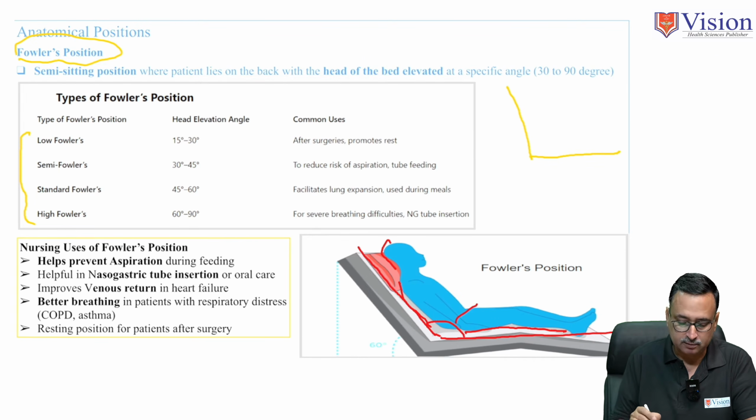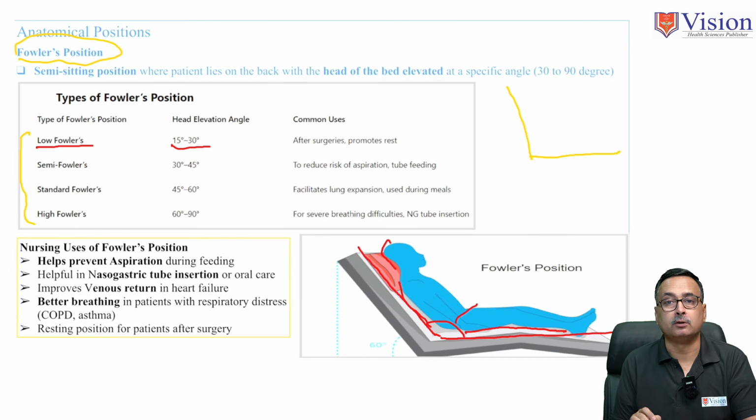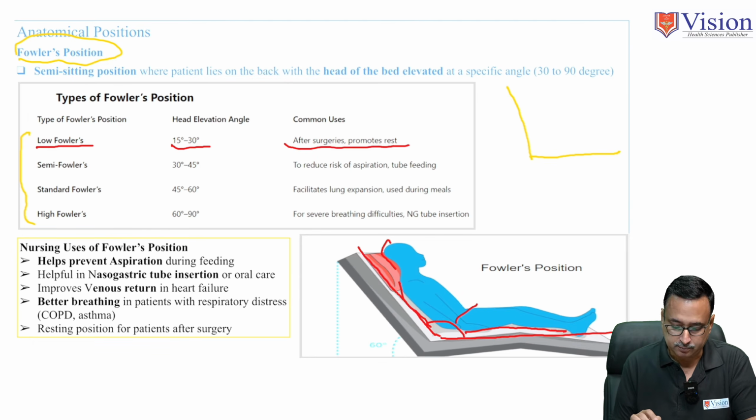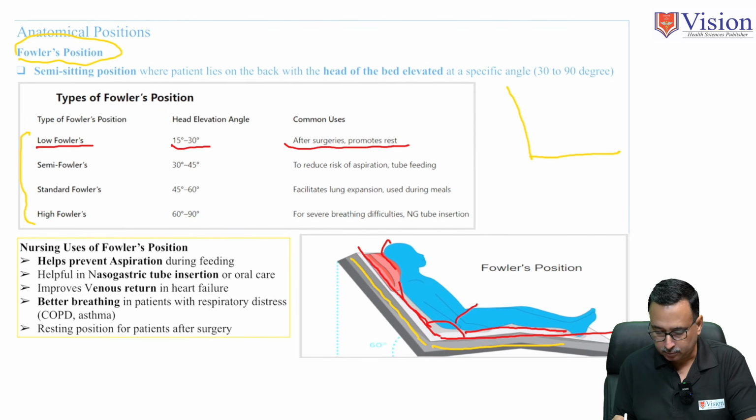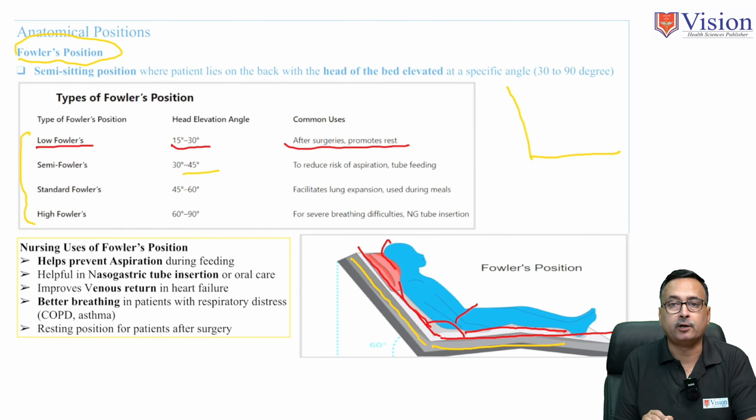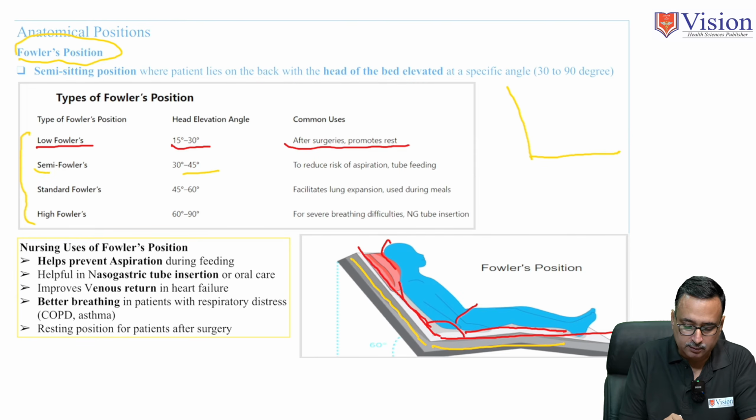If this angle is up to 30 degrees, then it is called low Fowler position. It is indicated for post-operative recovery of the patient. If the angle formed between the back and the horizontal floor is up to 45 degrees, then it is called semi-Fowler's position.